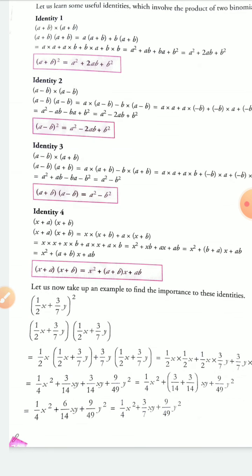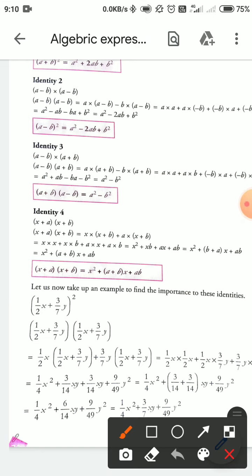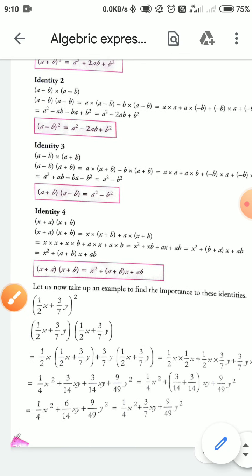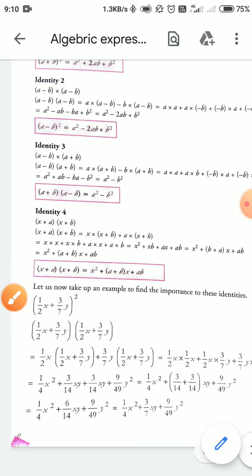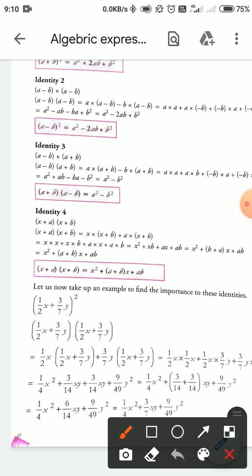Now let us see why these identities are actually important. What is the importance of these identities? Suppose that you have to find the square of a bigger number. Let us take an example from your textbook. Suppose that you have to find the square of 96, right?